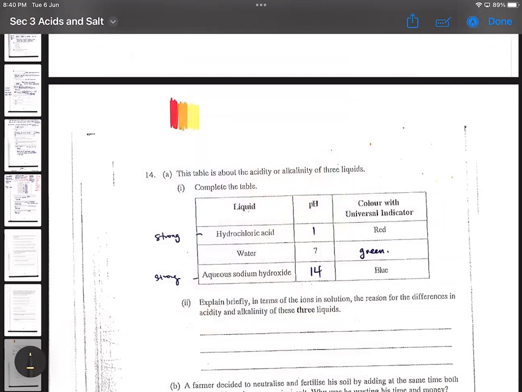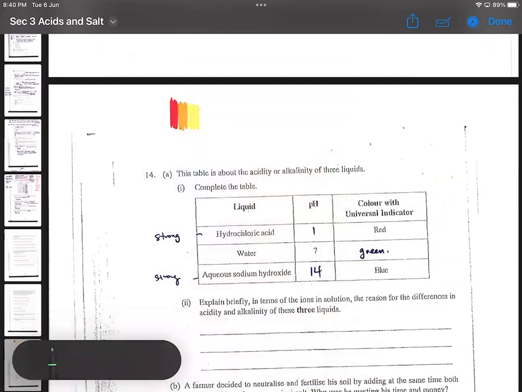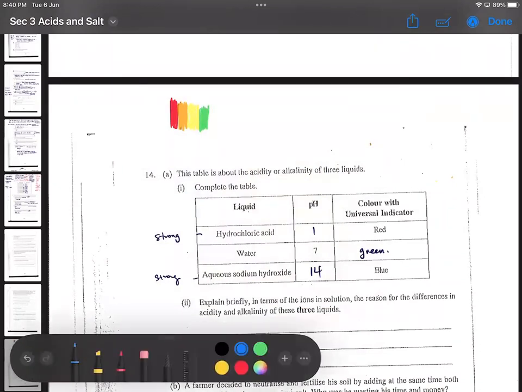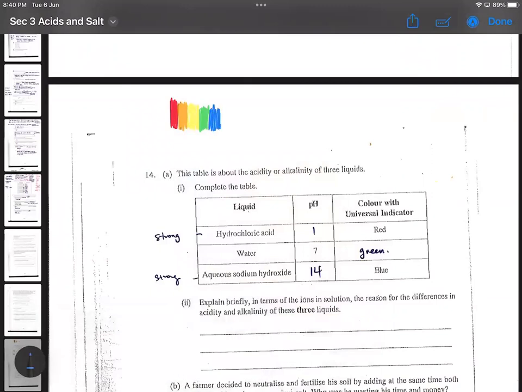These are the acidic ones. The neutral is green. The alkali ones are blue and purple.